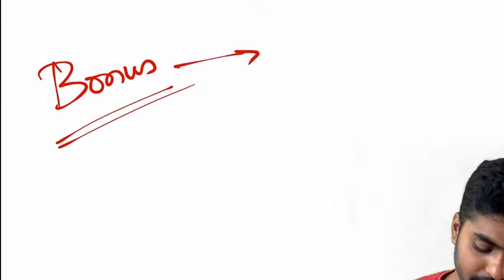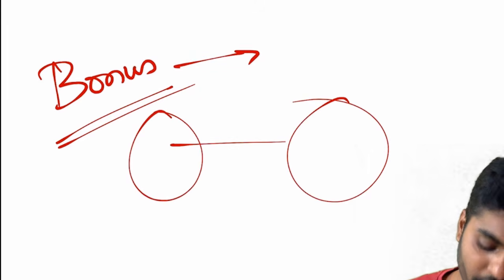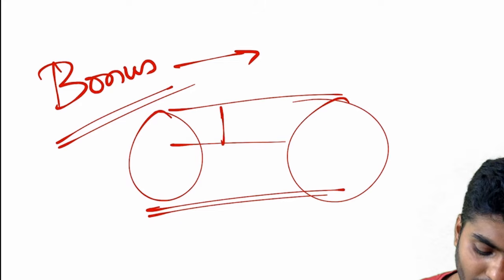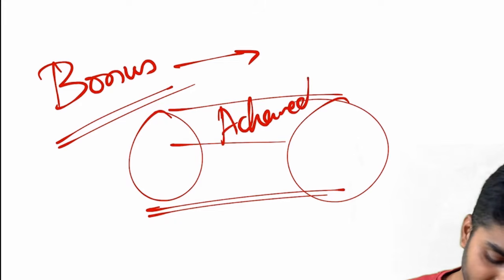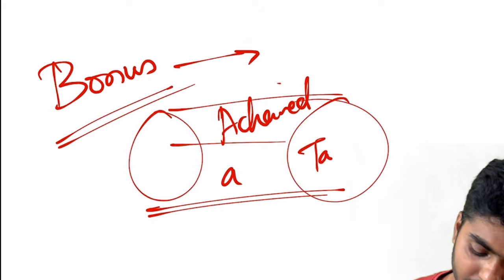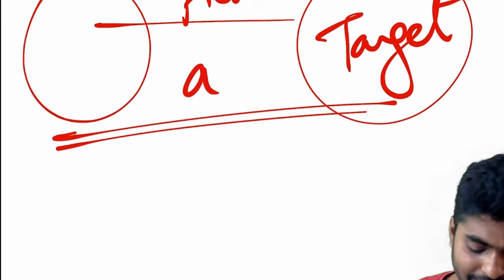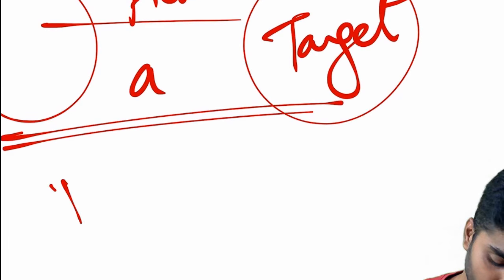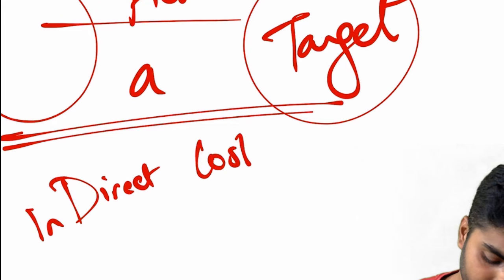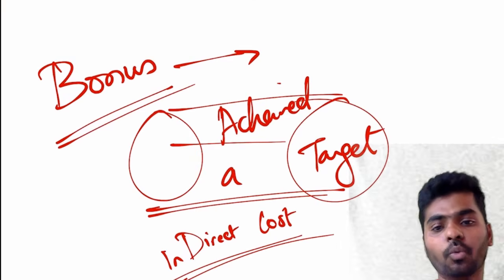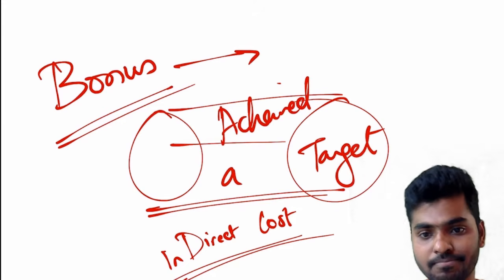Bonus is basically because you work with me for a longer period of time, let's say a year, and you achieved a target that was set. Because you achieved a target that was set, we treat this bonus as an indirect cost.